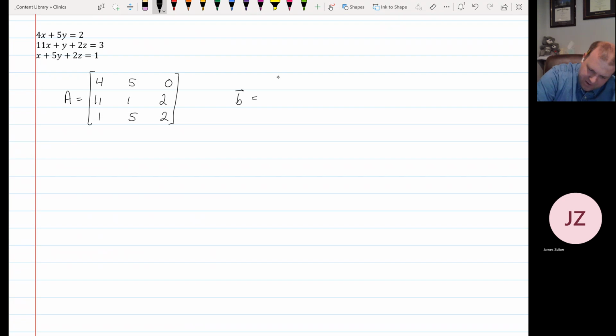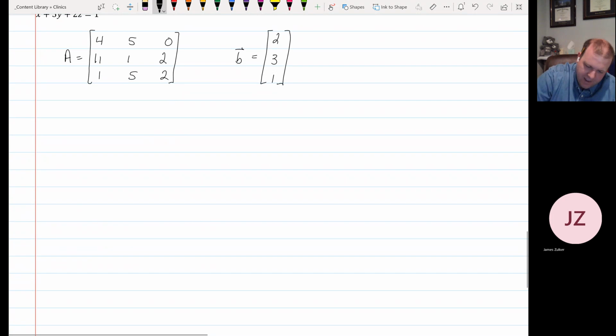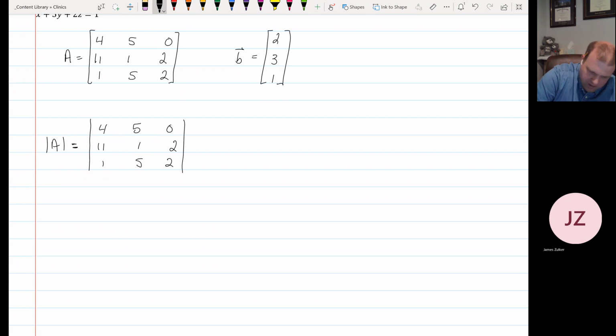Then set up our constant vector. Now we want to calculate the determinant of A. That'll give us -132.